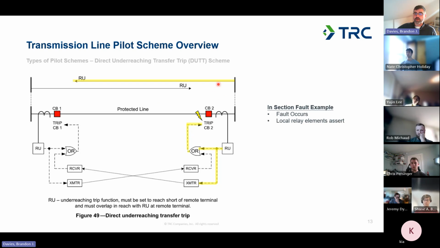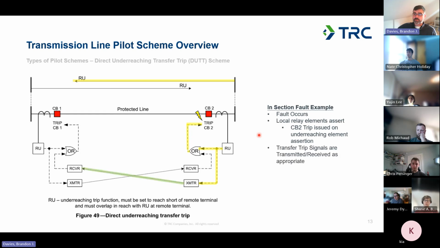So the element associated with circuit breaker 2 asserts. That logically goes through this OR gate and trips the breaker at circuit breaker 2. And at the same time, it sends a signal down to the transmitter for the scheme. So circuit breaker 2 is tripped directly based on the assertion of the underreaching element. We're able to trip it directly and instantaneously because we know it's on the transmission line, because it's an underreaching element.